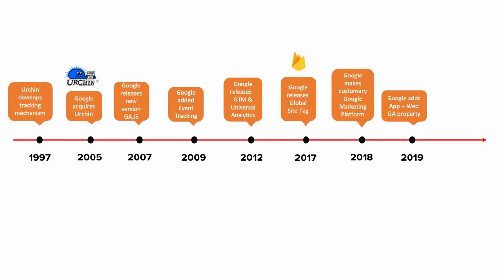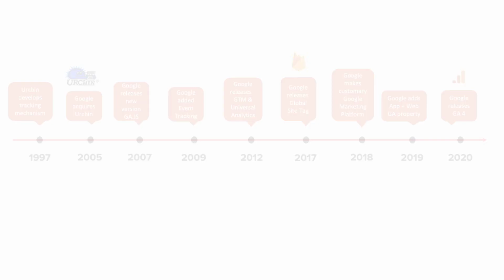Back in 2019, they released the App plus Web property, which was a way of looking at services for a website. And in 2020, they released a new version of Google Analytics with the name Google Analytics 4. So there are a lot of differences.